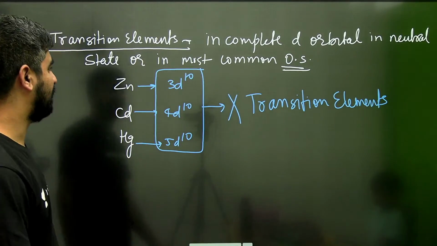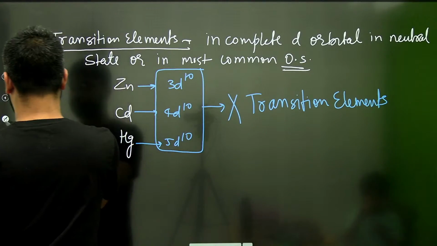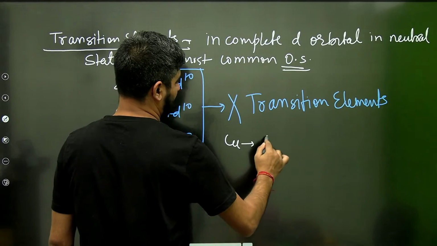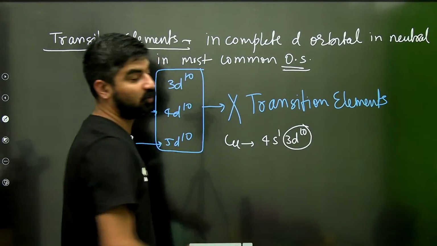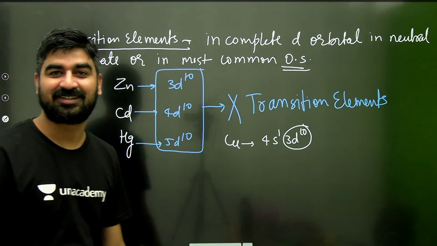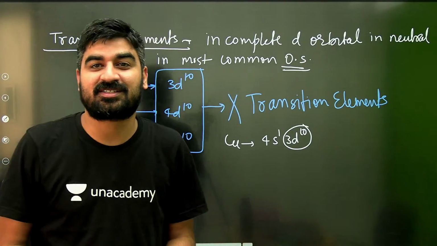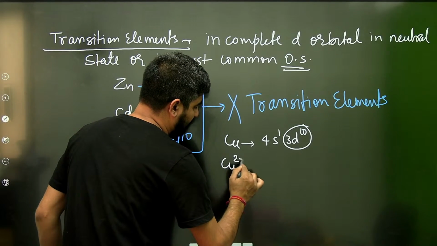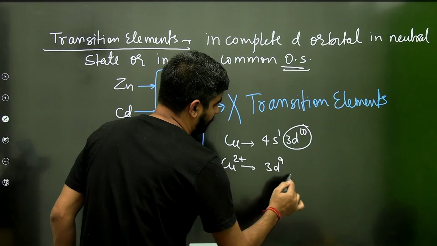So now you might ask a question like, sir, if I take copper, its configuration is 4s1 3d10. So why do we call it a transition element? Because it is having completely filled d, it should not be a transition element. So in case of copper, its most common oxidation state is +2, and the configuration in +2 would be 3d9.